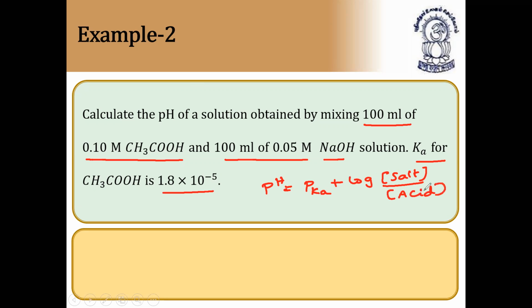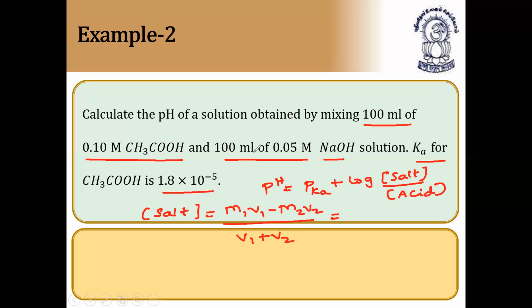And salt is not given. So first you have to find the salt. Concentration of salt is equal to M1 V1 minus M2 V2 by V1 plus V2, because to find the concentration of salt.